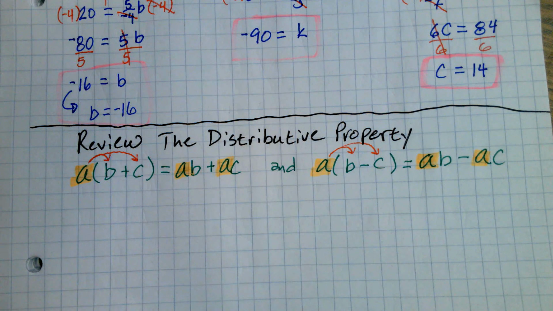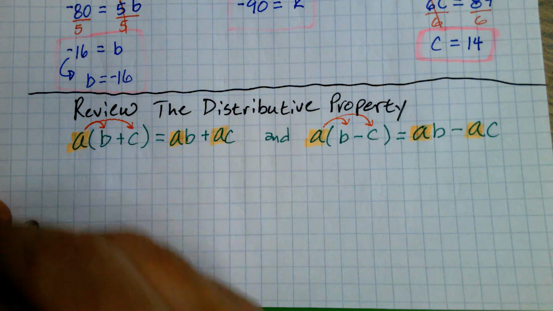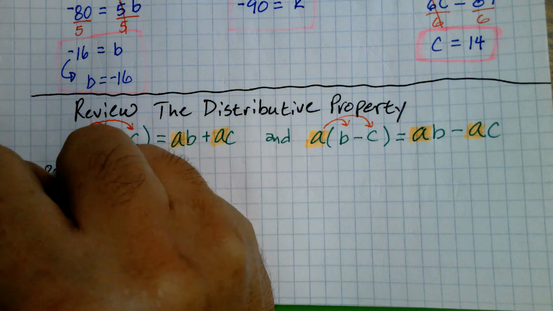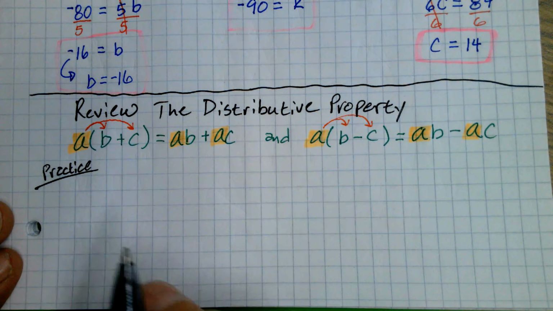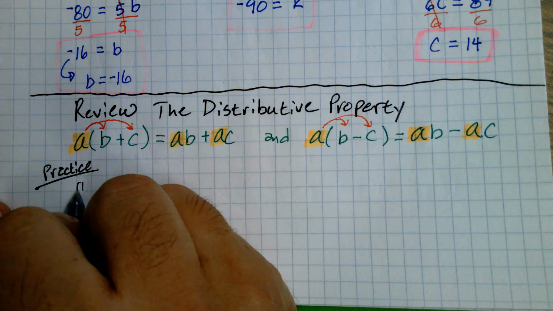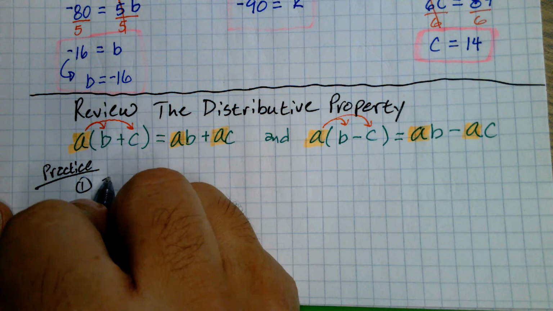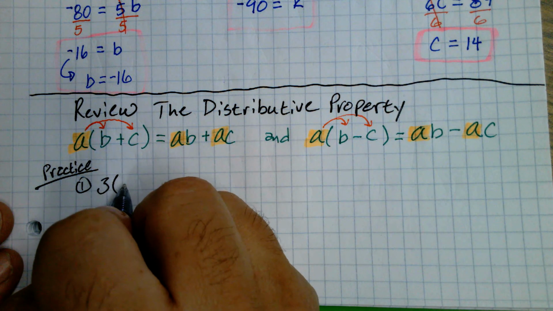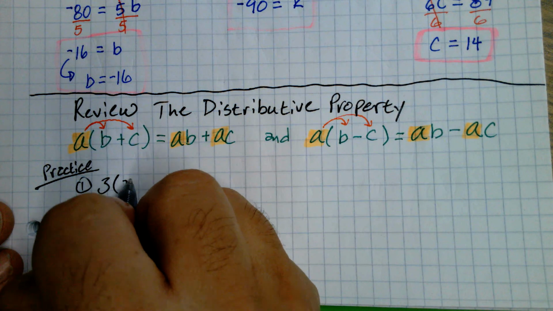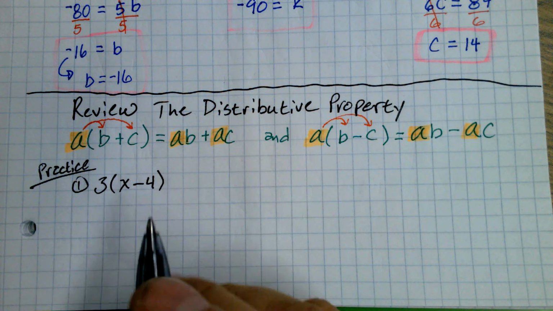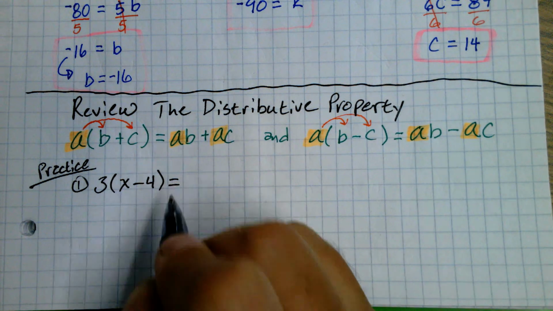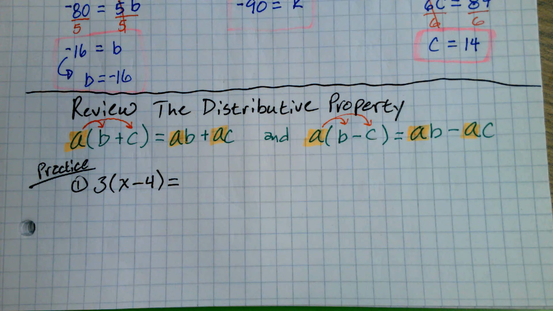So let's go ahead and practice this. Let's distribute, everyone. Number 1: 3 times X minus 4. What number are we distributing here, guys? 3.